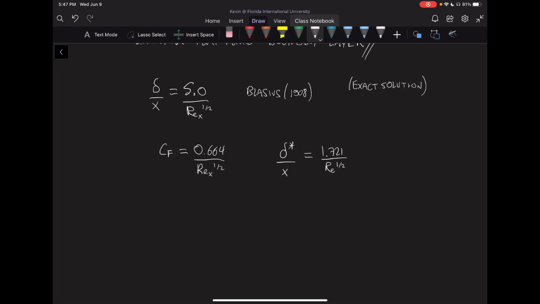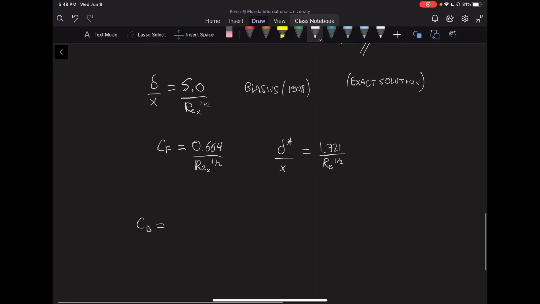Again, this is derived in your book if you want to look at it, but our coefficient of drag is going to be equal to 2 times the drag as a function of L, so it's D_L, one term, not to confuse it with D times L. And this is going to be divided by rho u squared times b times L. We'll look at all these terms in a little bit.